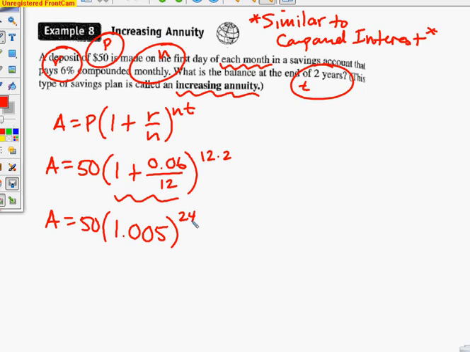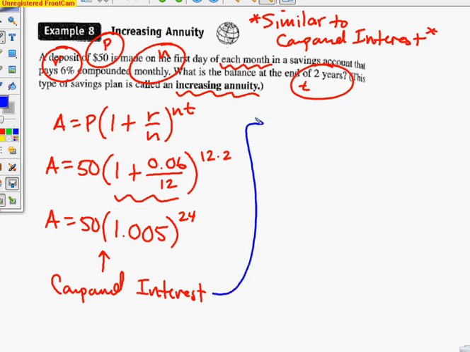So if I wanted to find the compound interest just by depositing $50 and letting it sit there, this would be the answer. This would be compound interest. But this is not what I want. I want to do the annuity problem, which means that I am continuing to invest money. So this is a sum problem.